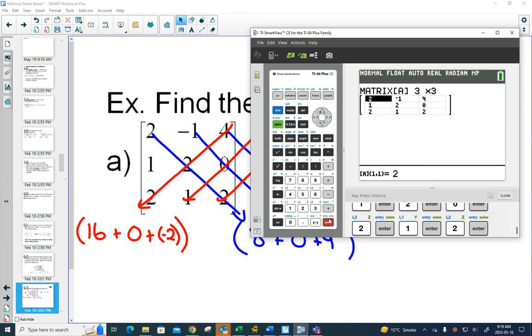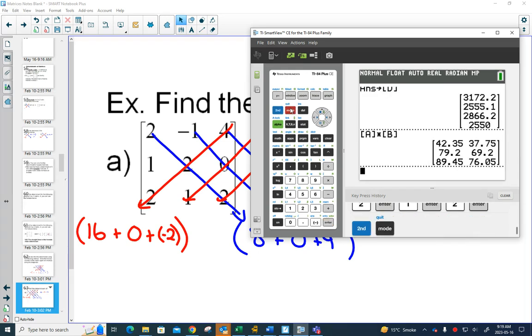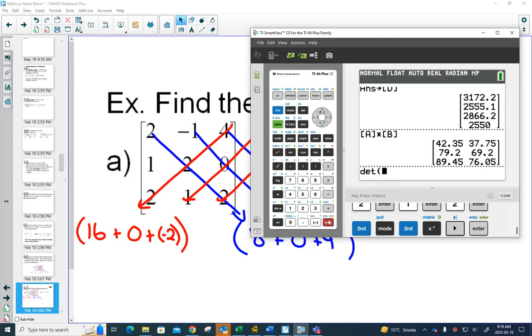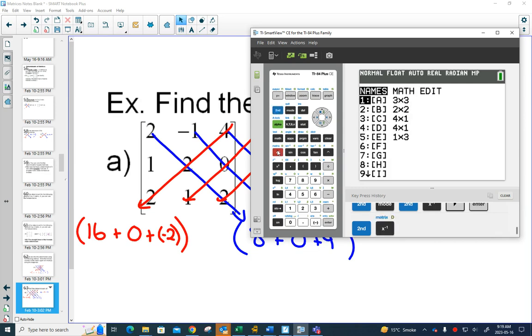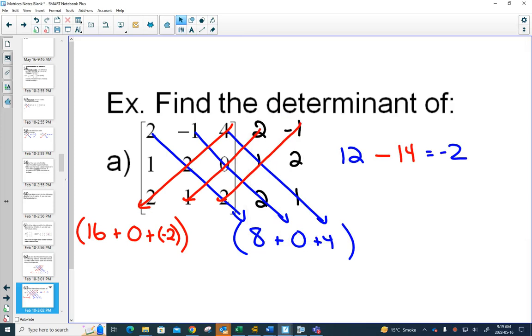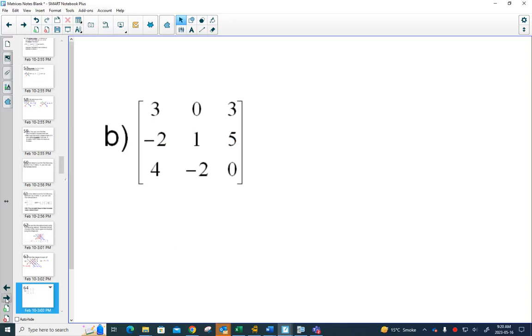So now I put this in as matrix A. If we go to matrix and go over to math, there's a bunch of things that we can do with our matrices. The very first one says determinant, so I can say I would like to find the determinant of matrix A. I type that into my calculator, and it tells me negative 2 as well. Whew. So I find that this diagonals method works really nice. Try this one on your own.